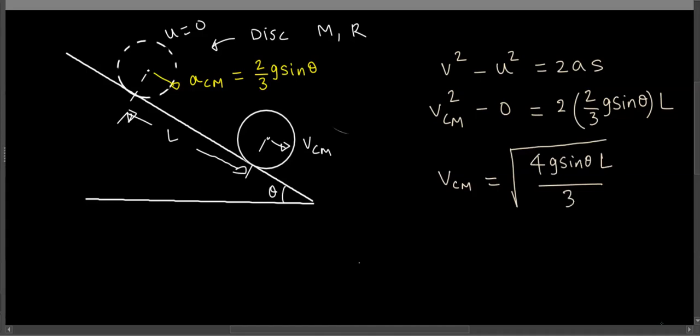We say that definitely there is friction force acting on it. As the disk rolls down, there is friction acting on it. But there's one interesting thing. Even though friction is acting, friction does not do any negative work. The friction force does only positive work in this case.